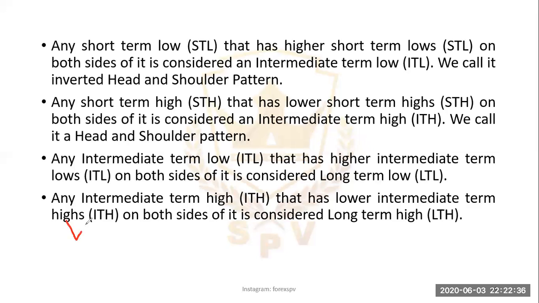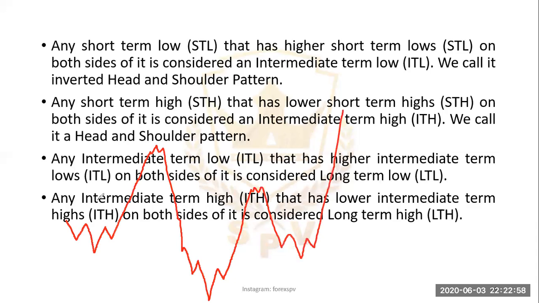And we have a long-term low. When you have an intermediate term low here, price trades up, and then comes back down, breaks this, and then forms an intermediate term low here again, trades up and then comes back again, forms an intermediate term low here. So this structure is called a long-term low.